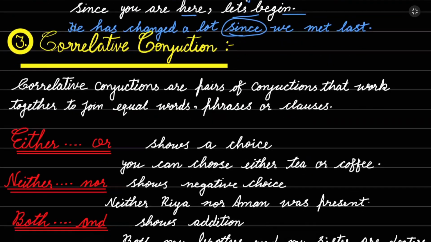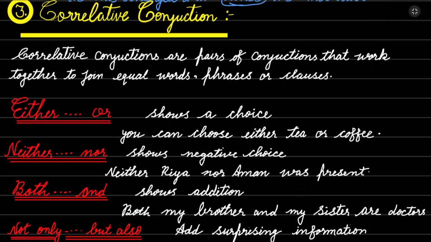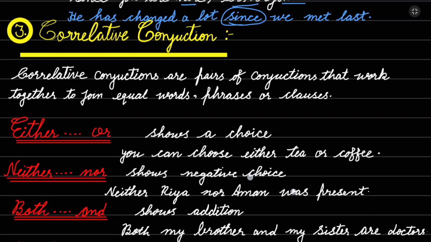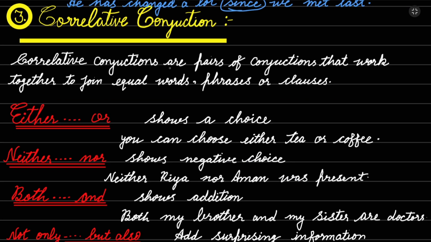Now the third type of conjunction is correlative conjunction. Correlative conjunctions are pairs of conjunctions that work together to join equal words, phrases or clauses.